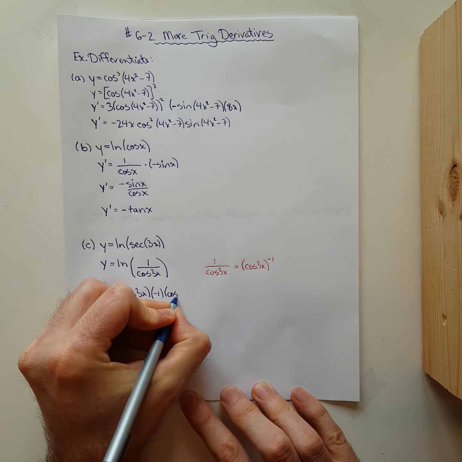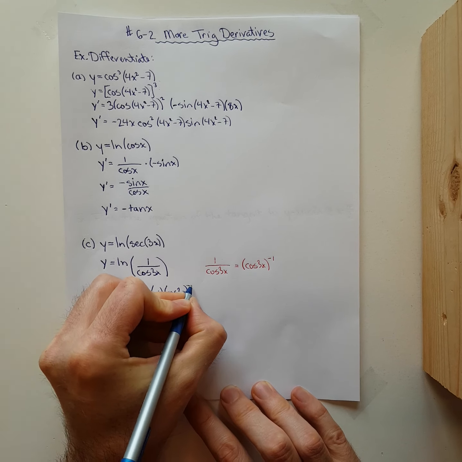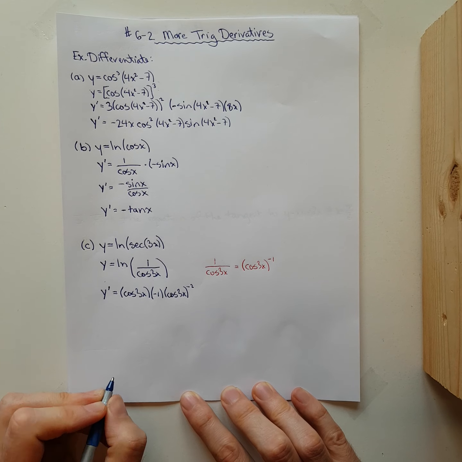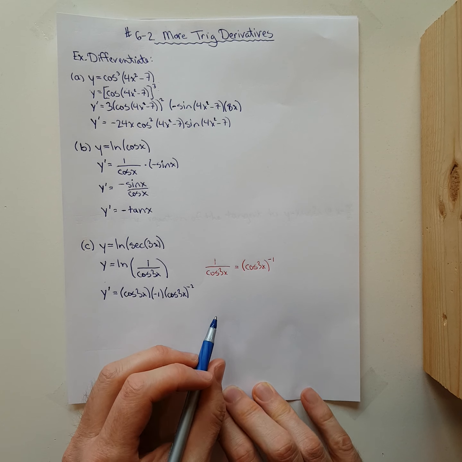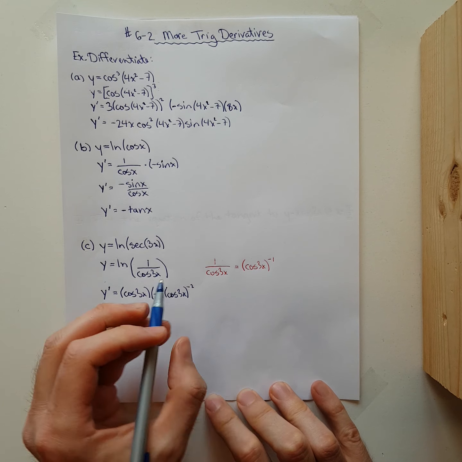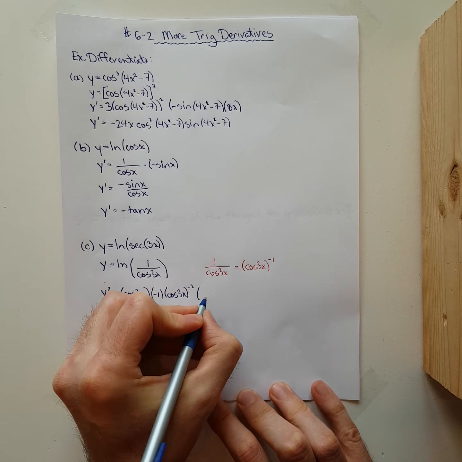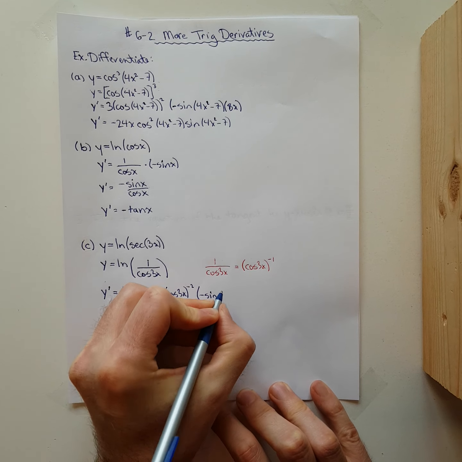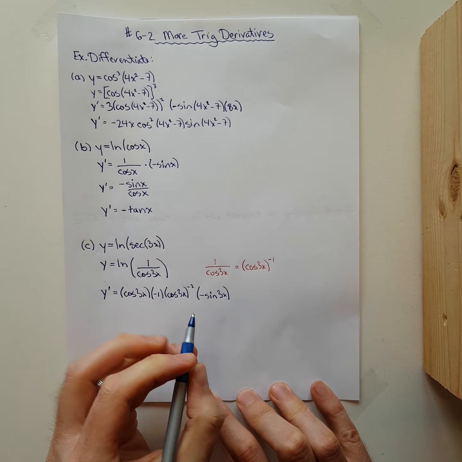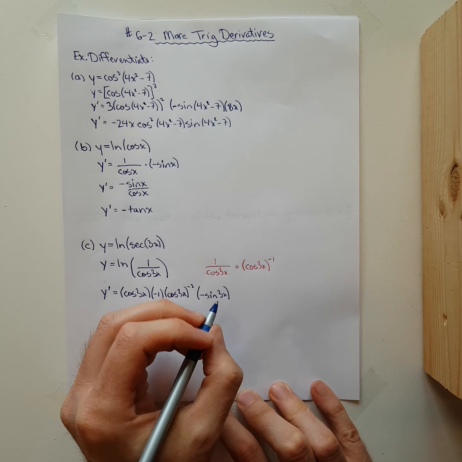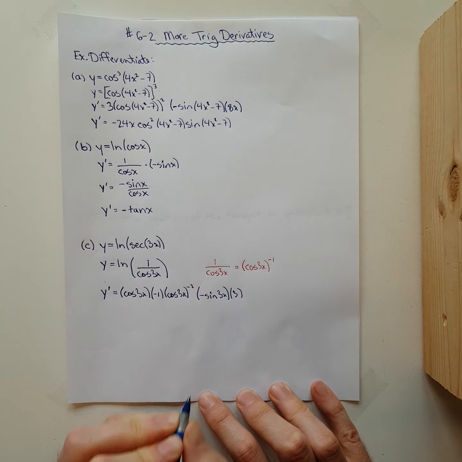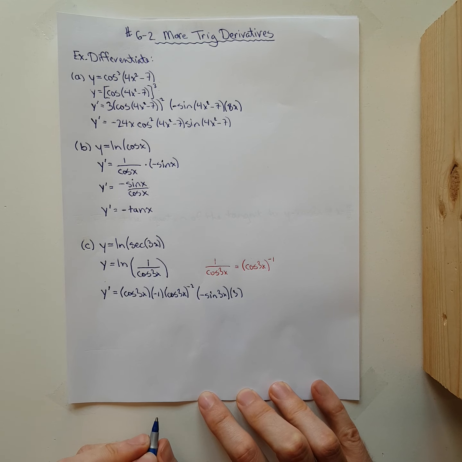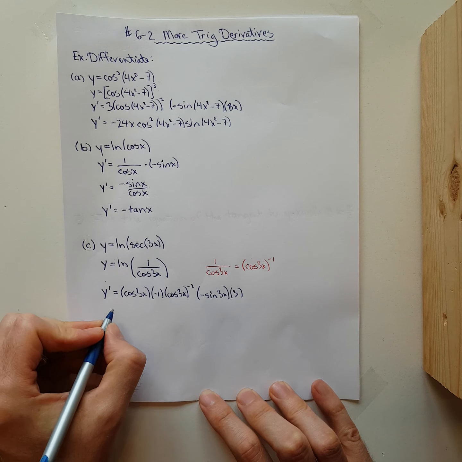I would have cos of 3x to the exponent negative 2. I then move inside and take the derivative of the inner function. The derivative of cos would be then negative sine of 3x, and then I still have to move in one more time. The derivative of 3x is just 3. So we see a lot of chain rule happening here as we do this.